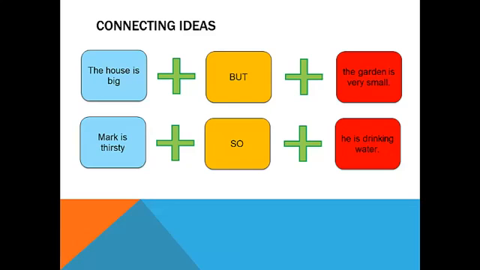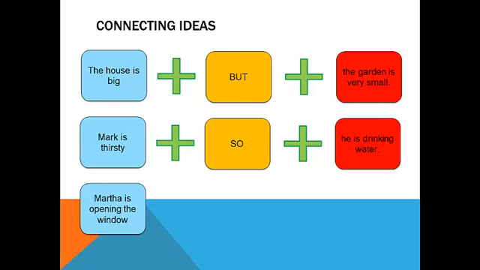Si yo digo Mark is thirsty, estoy expresando de que Mark está sediento. So, entonces, he's drinking water. Él está bebiendo agua. Mark is thirsty, so he's drinking water. Mark está sediento, entonces está bebiendo agua.